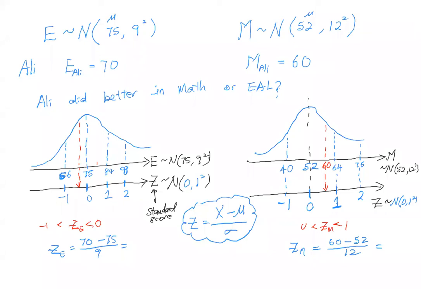Okay, 70 minus 75, I need a calculator. So this is negative 0.556. And this one, 60 minus 52 divided by 12, I got 0.667. So the Z score for math is greater than the Z score for EAL. Therefore, Ali performed better in math than EAL.